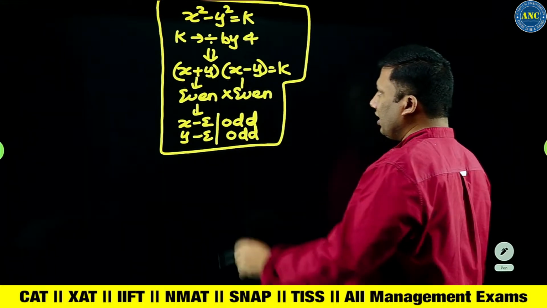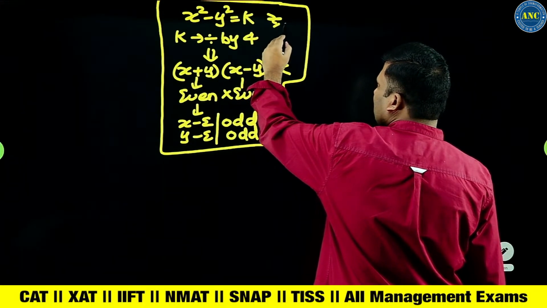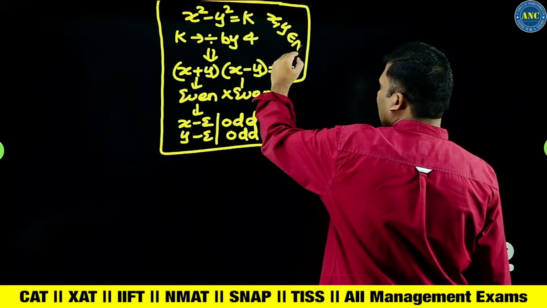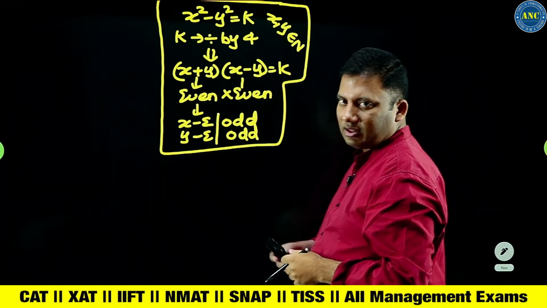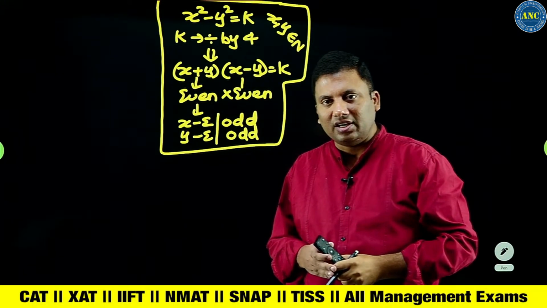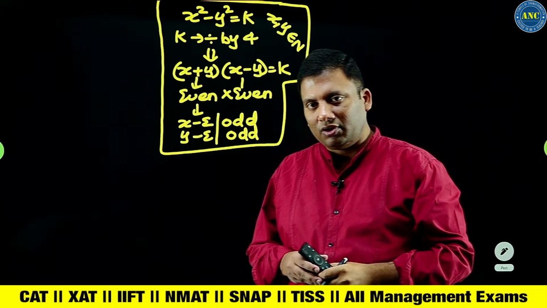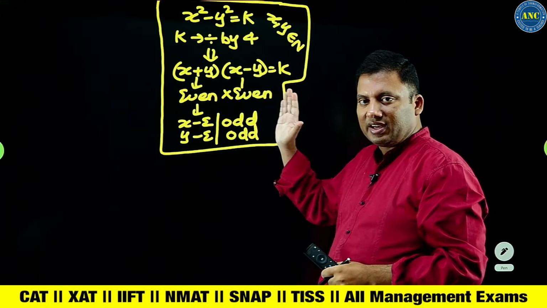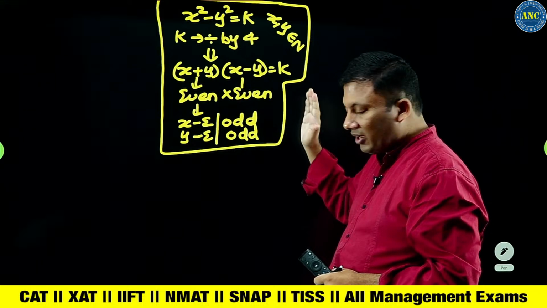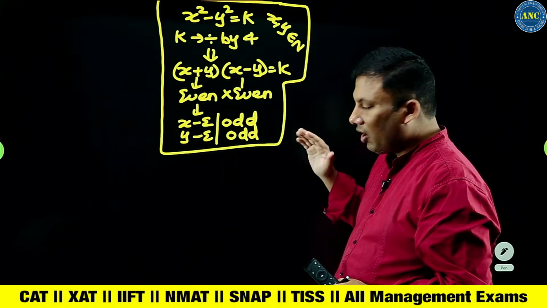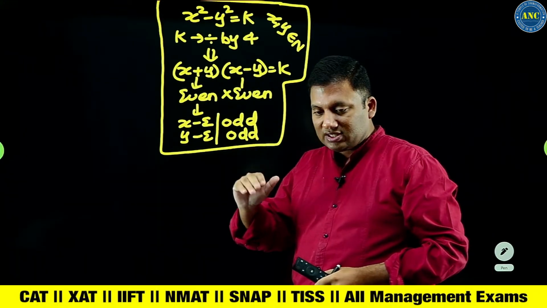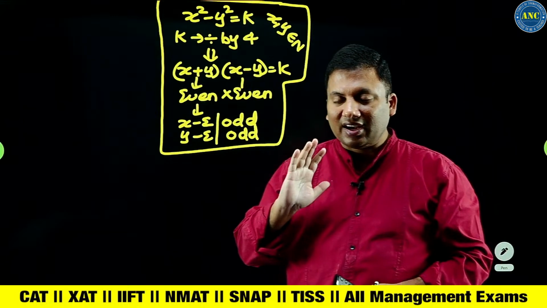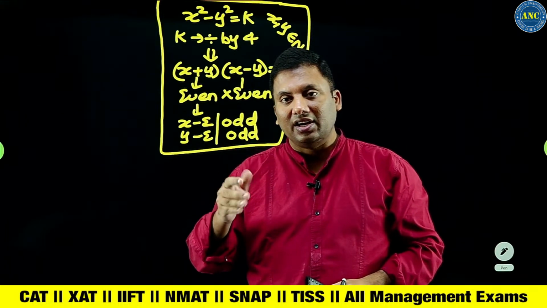x and y are natural numbers. x square minus y square is equivalent to k. The right hand side will be divisible by 4 only when on the left hand side x plus y is an even number and x minus y is an even number. Already we discussed the 4 cases. One is odd, another is even: right hand side odd number.